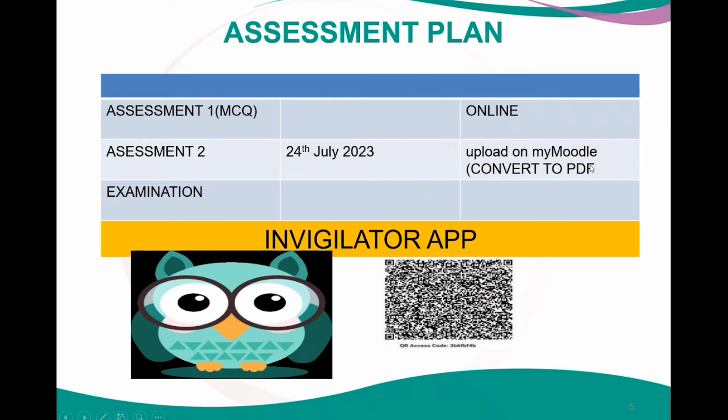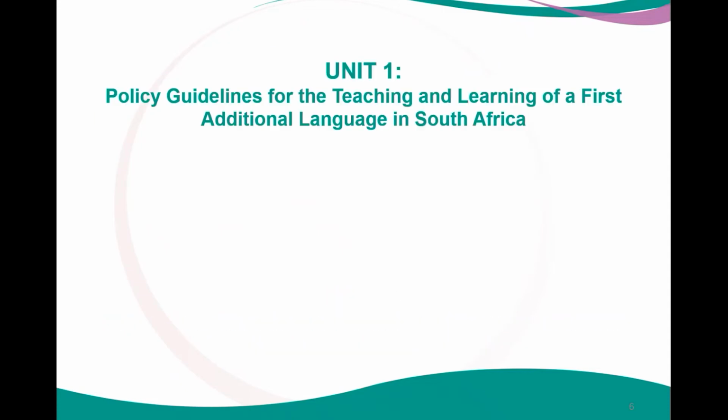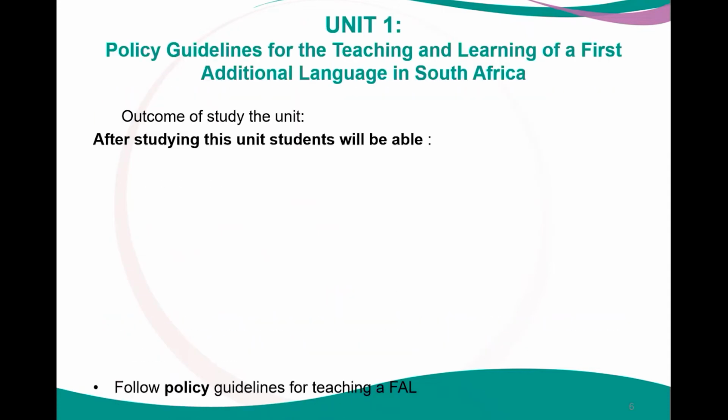Don't send it to other platforms. Convert your work to PDF. Just check that you have uploaded correctly. If you haven't uploaded correctly, you'll be coming back to me and say, "Ma'am, I've sent my assignment and whatever." You'll find that maybe we can't find it because you have uploaded it incorrectly. Learn how to upload.